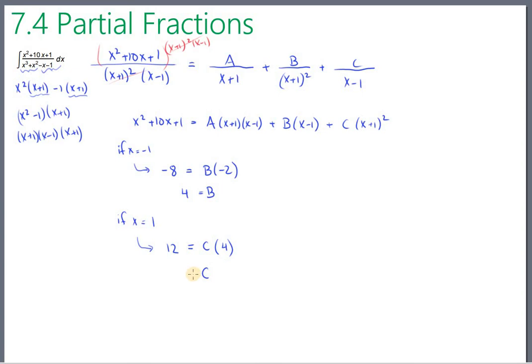So c is 12 divided by 4, which is 3. So I found b, and I found c. The only problem left now is that I still don't know a, because a dropped out with each substitution.